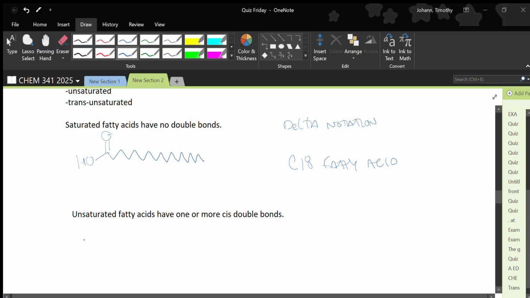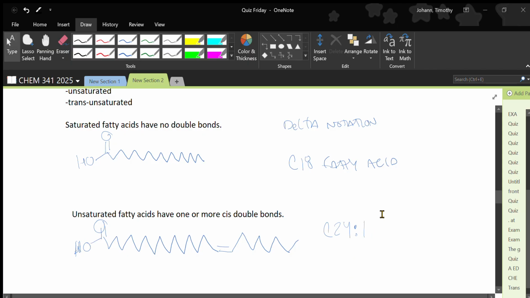And so an example of that would be this. Make it super long. Okay, so here I have 2, 4, 6, 8, 10, 12, 14, 16, 18, 20, 22, 24 carbons. That would be C24. And then it's going to have one double bond in it.